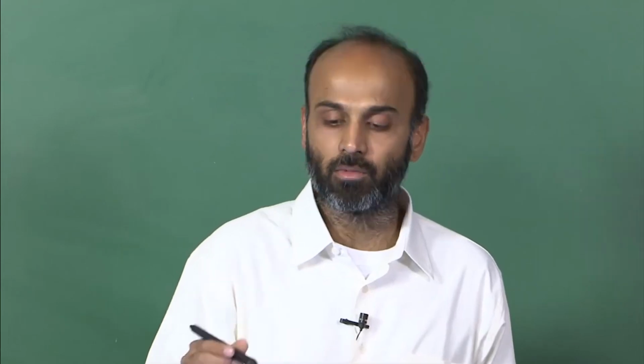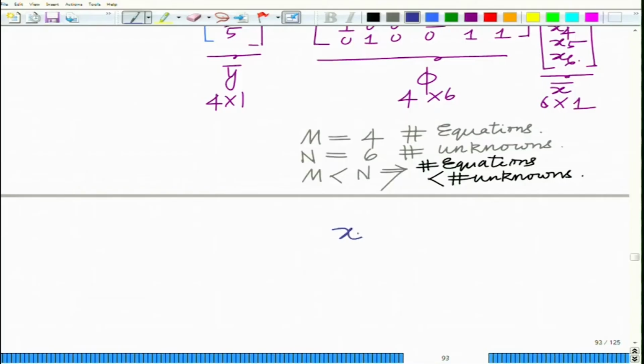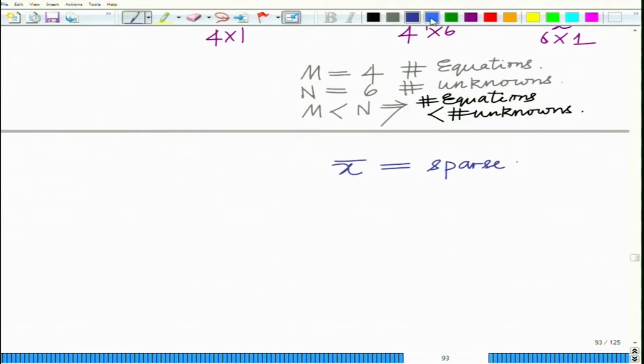Therefore, one has to enforce some other condition on x bar to uniquely recover it, and the condition that we have seen so far is to enforce sparsity, that is, to determine a sparse vector x bar that satisfies this system of equations, or that fits this model. So, we assume that x bar is sparse, and then we want to estimate this sparse vector. This is what is termed as sparse signal recovery.